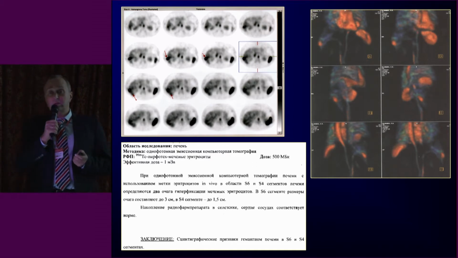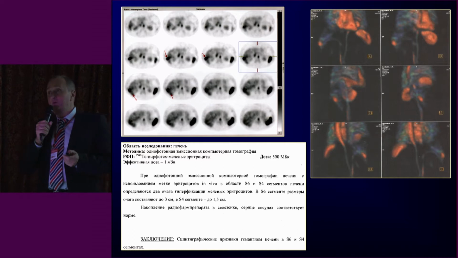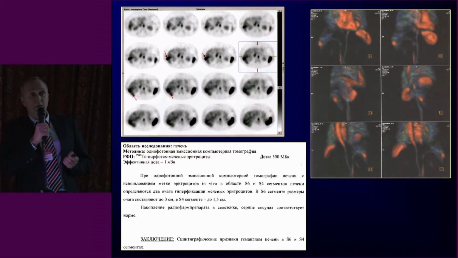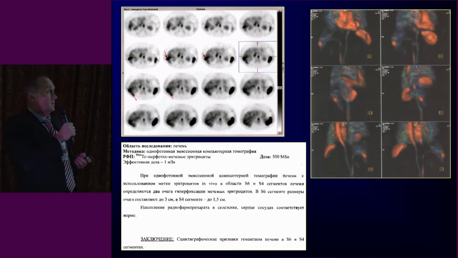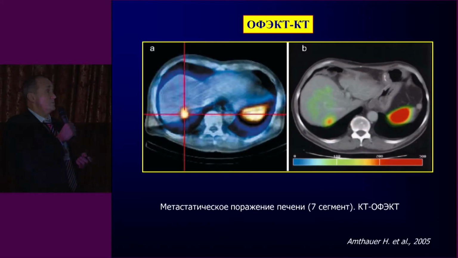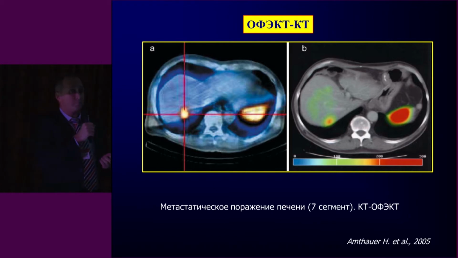But we are interested, of course, in functional methods, like scintigraphy methods, which dynamically and functionally show you diffuse or focal changes in the liver and biliary system. Of course, it's very interesting to use fusion technologies, where we combine two images from different methods.